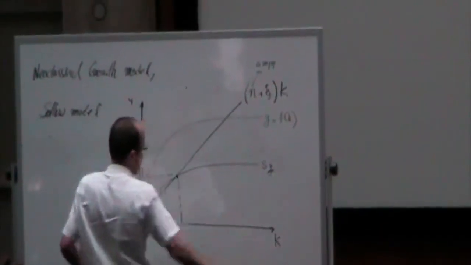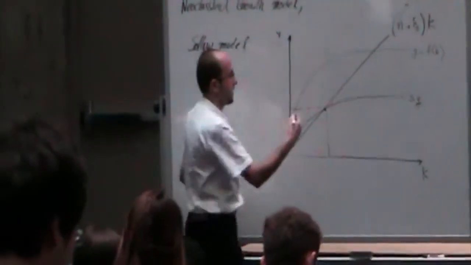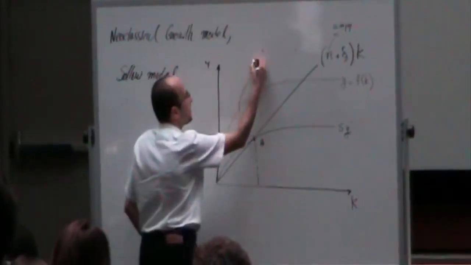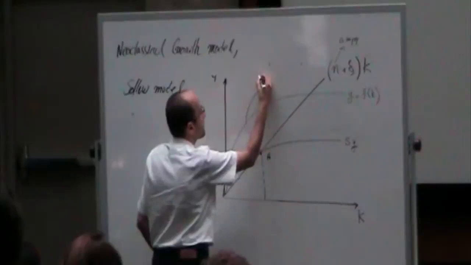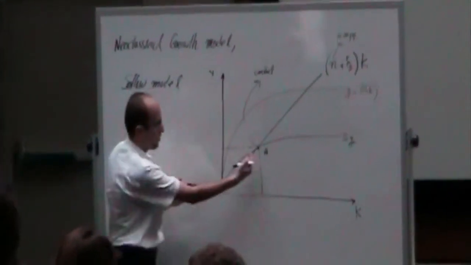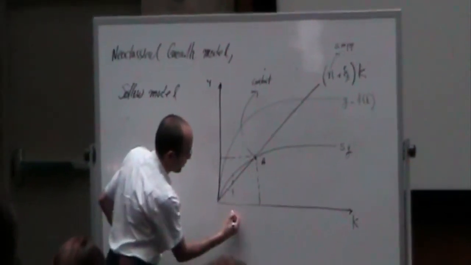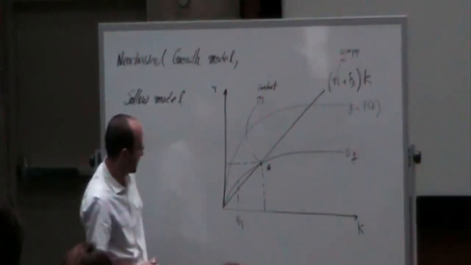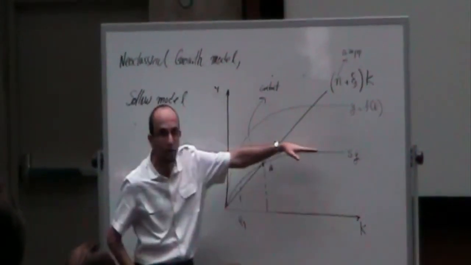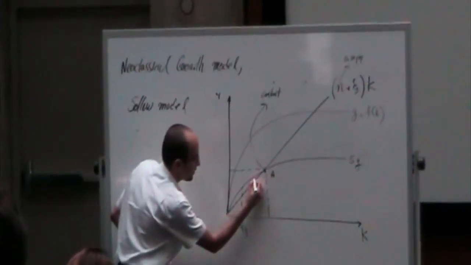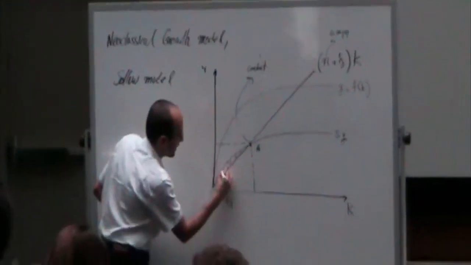That means when you're increasing your capital until this steady state point that I call A, in the steady state the growth level of the capital is constant. Before you get to this point, let's say at hypothetical Q1, what you notice is that your saving is more than your capital requirement, because you see this graph of saving is above the capital line.